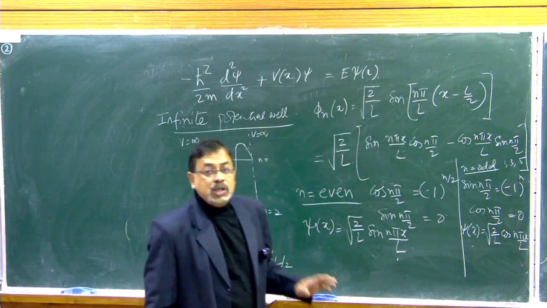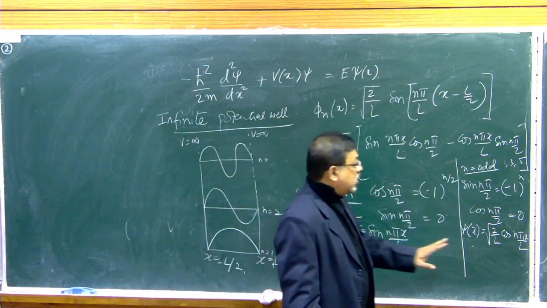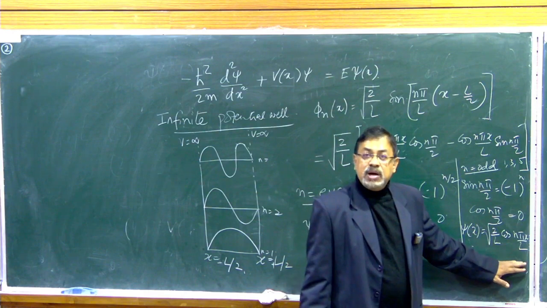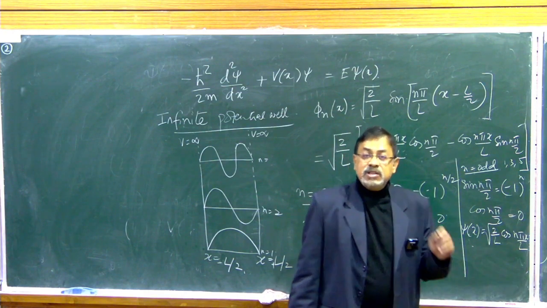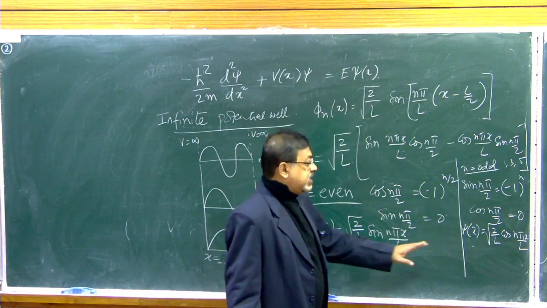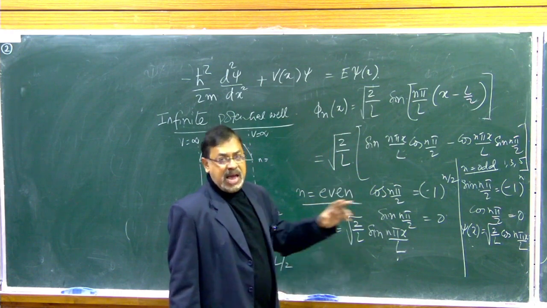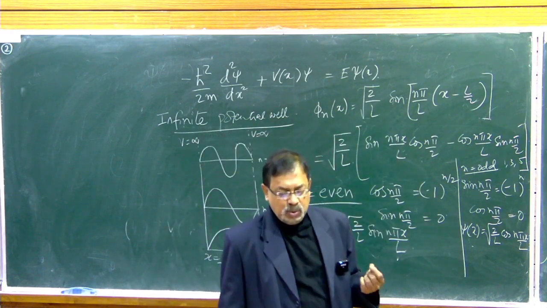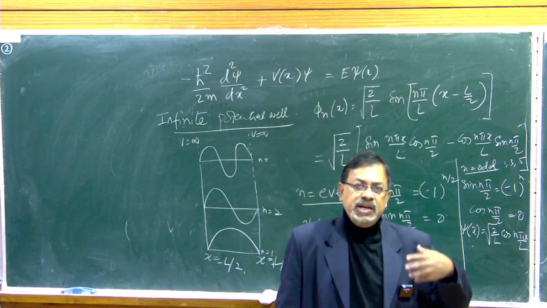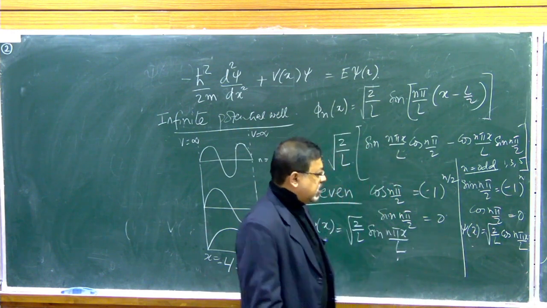So the ground state of the system is now given by the cosine term instead of the sine term. The first excited state is the sine term. The second excited state is again the cosine term. The third excited state is the sine term, and so on. You start from n equal to 1, call it the ground state, n equal to 2 the first excited state, n equal to 3 the second excited state, and so on.